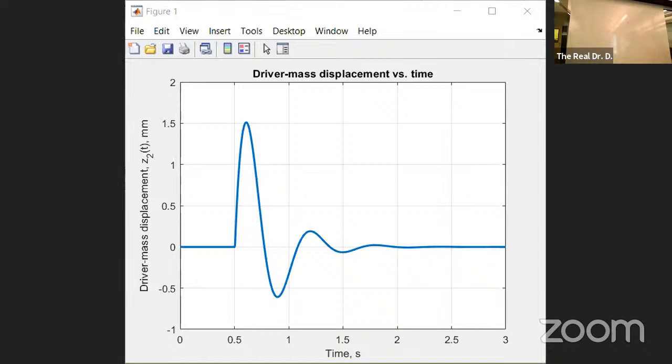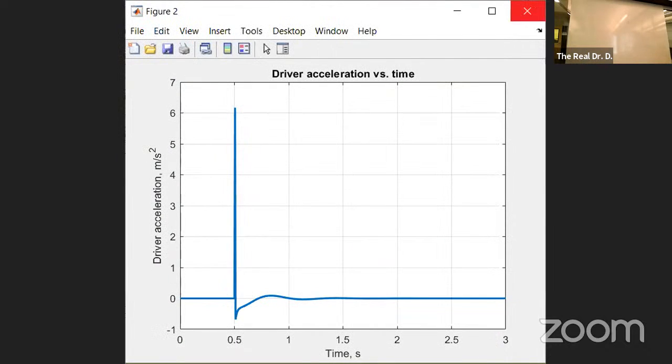What about if we look at the acceleration? That bump causes an acceleration of 6 meters per second squared upwards. Almost a G, right? You almost pull a G of upwards acceleration when you hit that tiny bump.